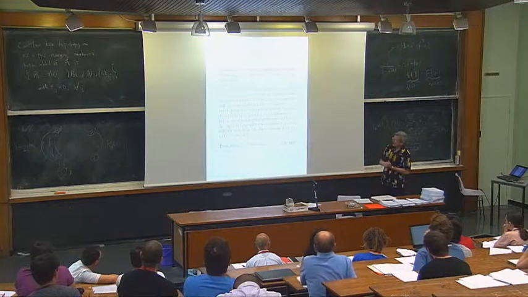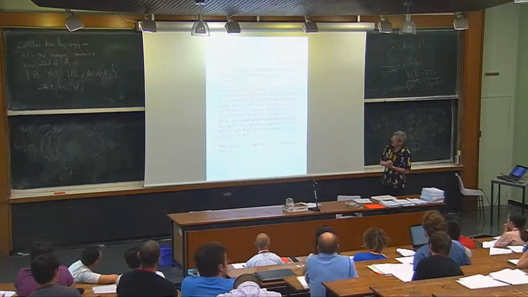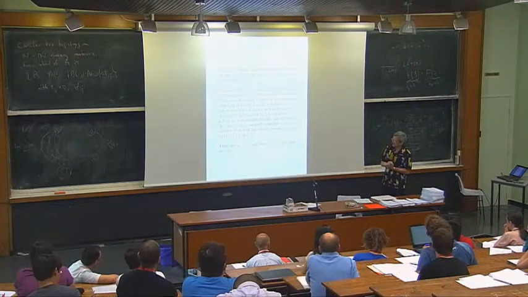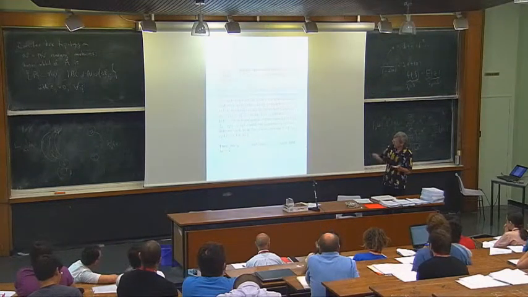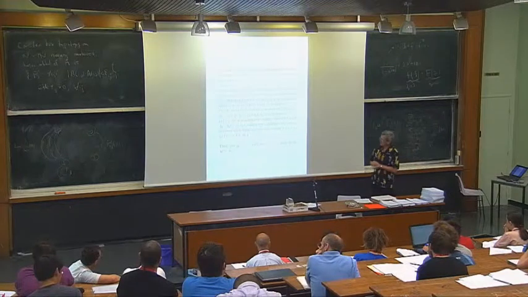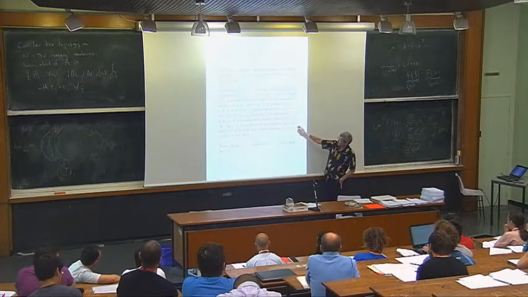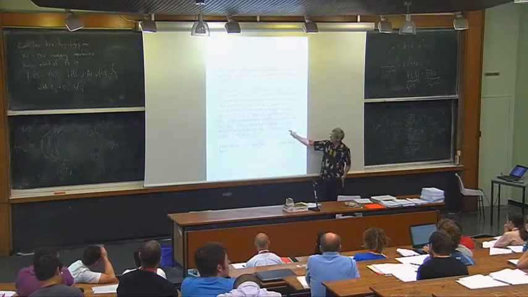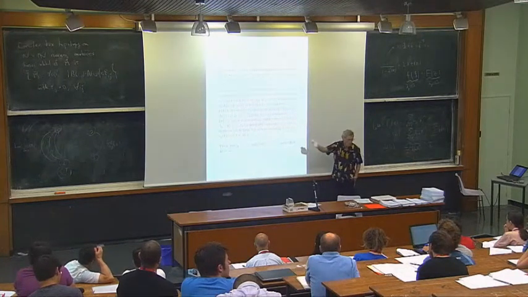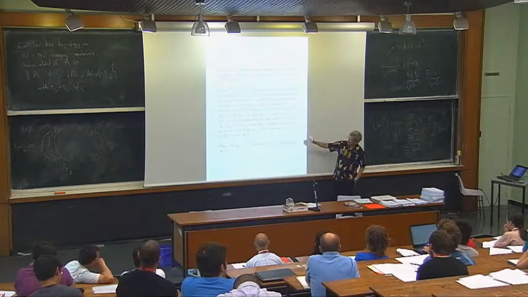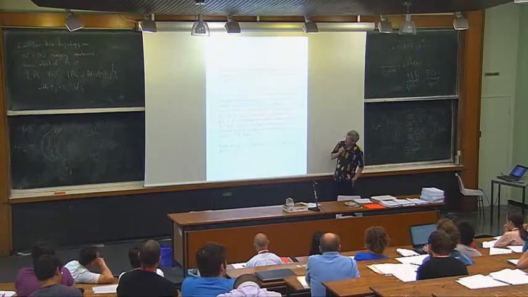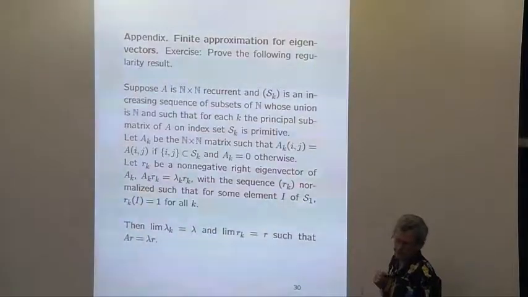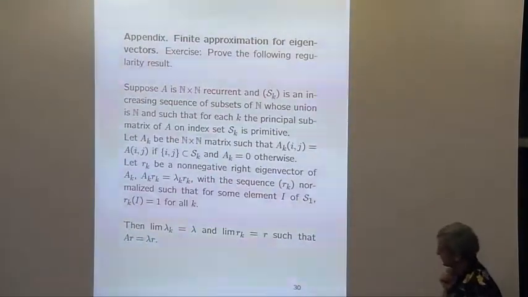Now let r_k be a non-negative right eigenvector of A_k, necessarily for the Perron value of A_k. We can normalize these eigenvectors so that for some element of our first index set, 1 perhaps, we set r_k at that index to be 1 for all k. So we normalized our choice.